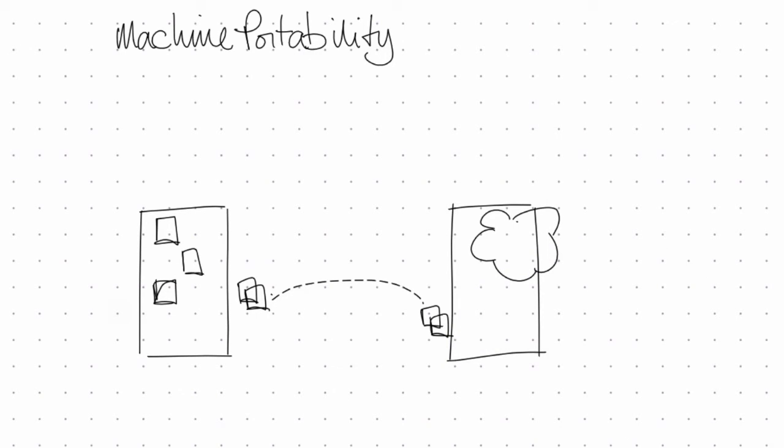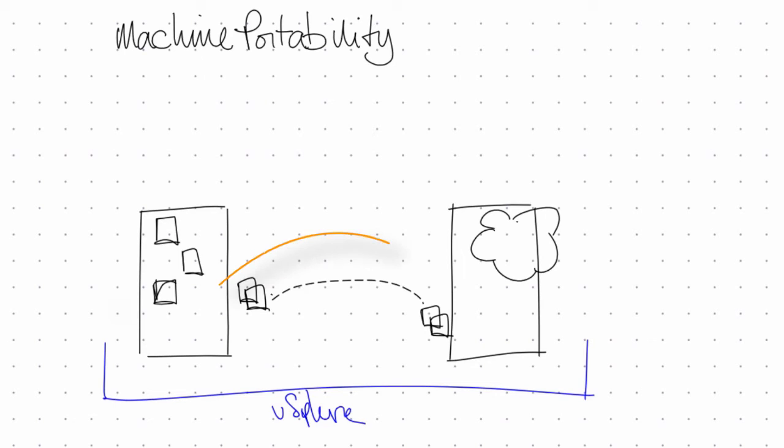So we see here we've got a data center and we've got what could be a virtual private cloud or a dedicated cloud. It really wouldn't matter for this conversation. We know that both of them are running vSphere. And we know that we have a workload that we want to move from point A to point B. So we've got different means by which we can utilize this sort of machine portability.